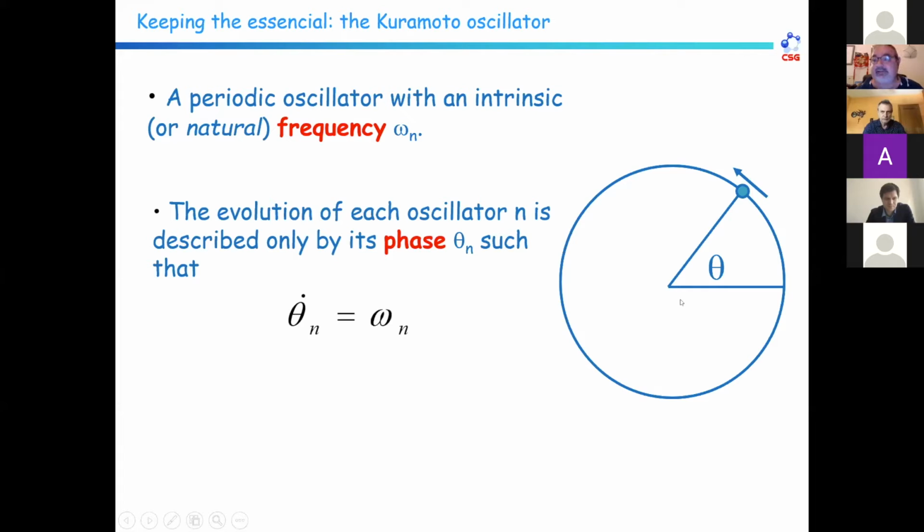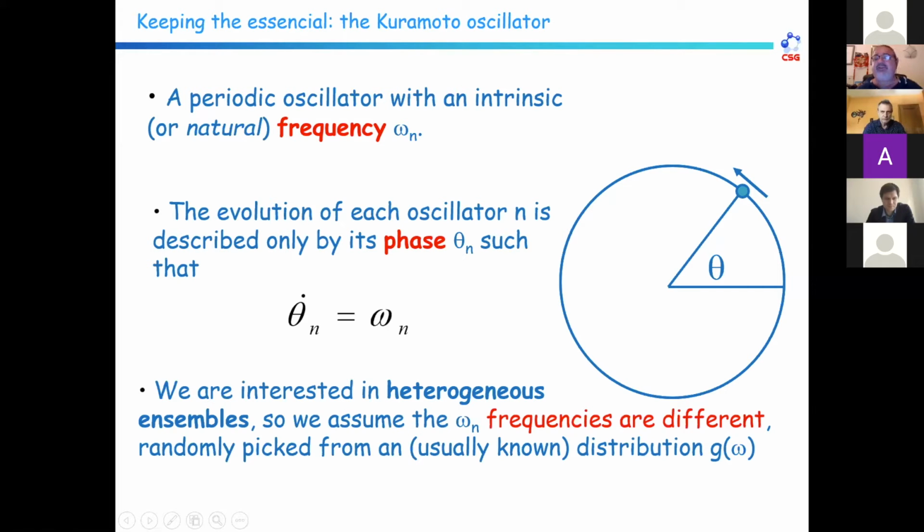Each of these elements is characterized by a phase, this phase theta, and in the absence of any interactions, it has a natural frequency omega n.